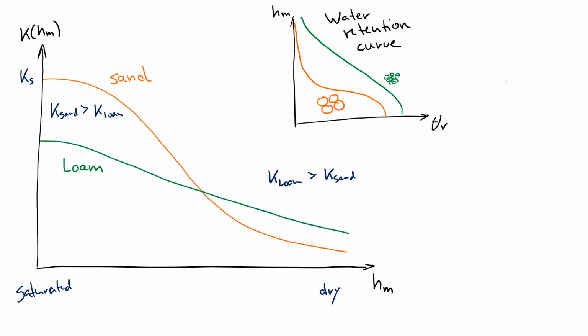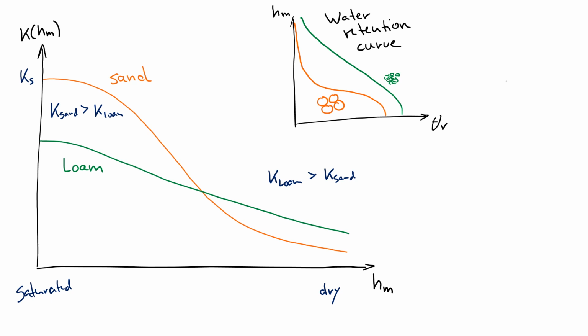We contrast that to the loam, which has smaller particles, a range of particle sizes. It will have small pores that are water-filled under saturated conditions with a higher tortuosity compared to the sand at wet conditions, which is reflected in the lower saturated hydraulic conductivity.